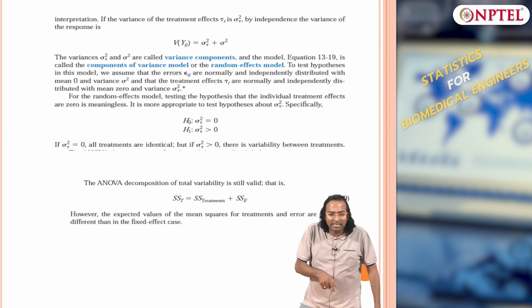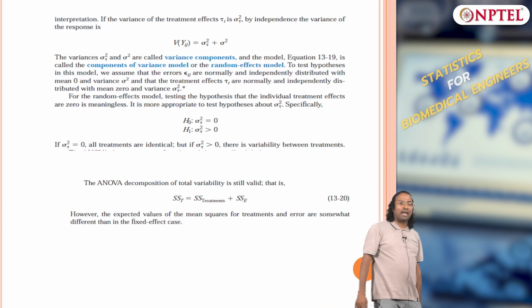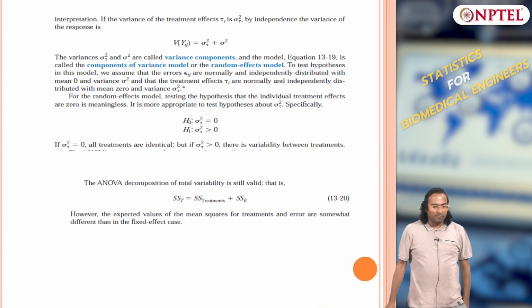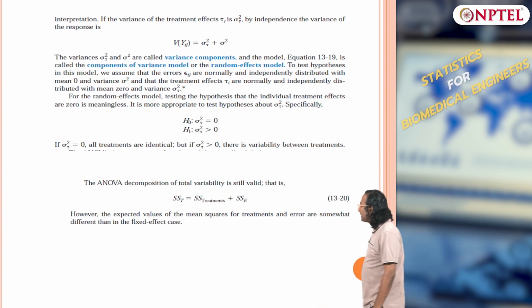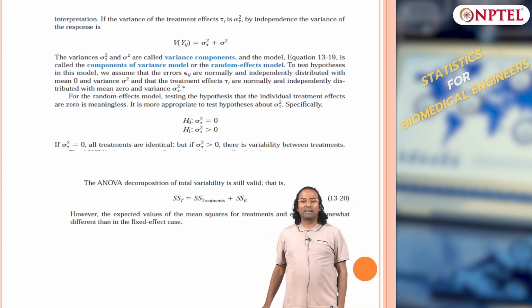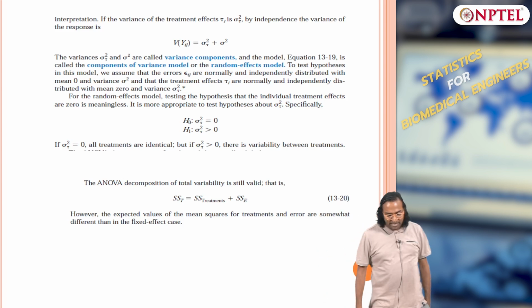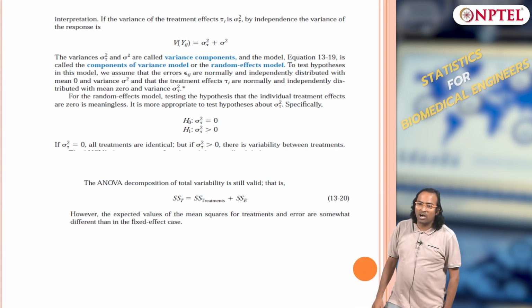So, instead of comparing the means, I am going to look at variance. So, my null hypothesis is going to be on the variation due to treatment equal to 0 or greater than 0. Since it is a variance, it is never less than 0. So, we have either sigma tau squared equal to 0 or sigma tau squared greater than 0.